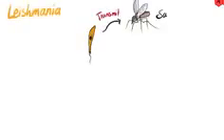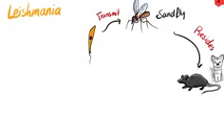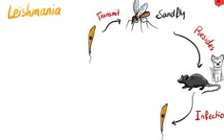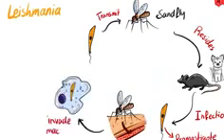Thirdly, we have Leishmania. Leishmania is usually transmitted via sandflies, and it resides in animals such as rodents or dogs. So the vector of transmission are the sandflies, and the reservoir of the parasite are the rodents and dogs. The infected sandfly has the promastigote form of the Leishmania, which is flagellated, and then it infects the host through the blood, and it grows in the macrophages in the form of amastigotes, which means it doesn't have a flagellum.